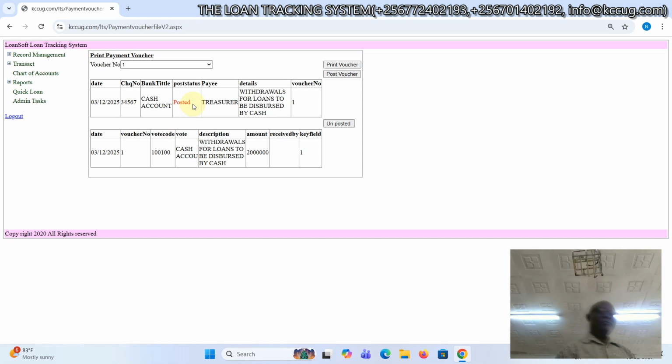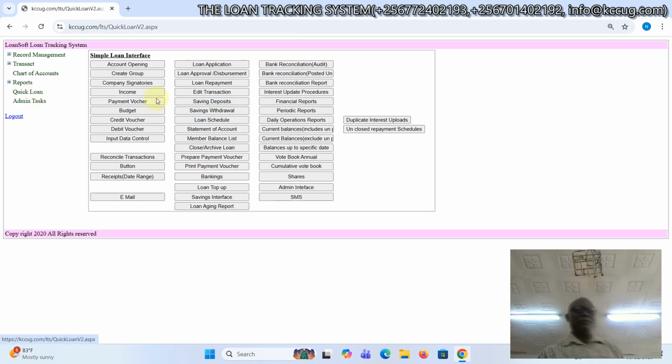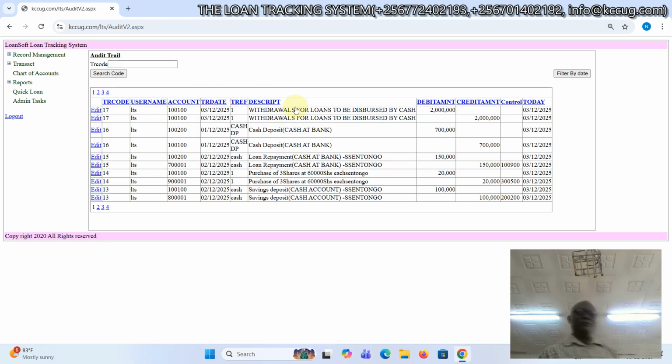Number two, where has this information gone? The information has gone to our accounting section. Click on Quick Loan, click on Edit Transaction. So you find 2 million shillings here on our cash account.